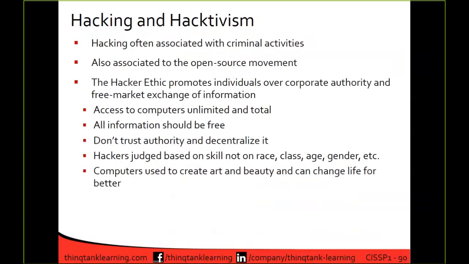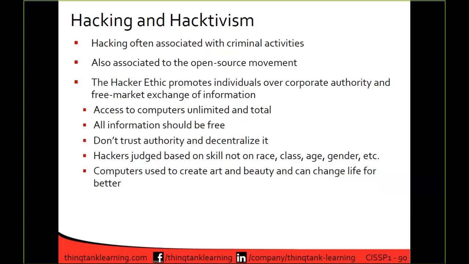All right. So hacking, hacktivism. Hacking in general is anything related to a crime or criminal activity. But hacktivism is somebody performing some sort of hacking event based on the fact that they think whatever they're doing is for the greater good of man, I guess you could say, right?